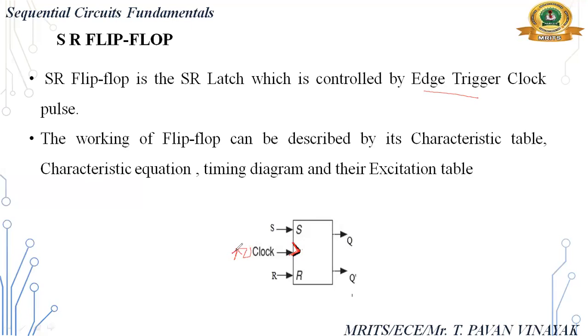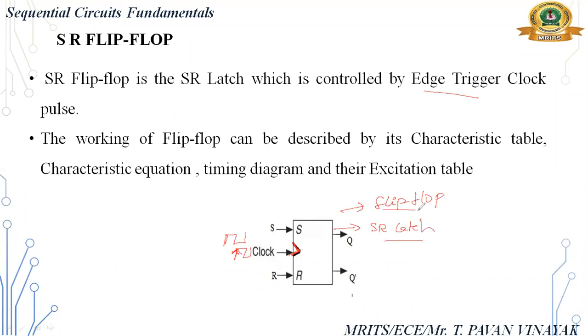Whenever the clock signal has an arrow mark in the block diagram, we can say the circuit is a flip flop. If there is no arrow mark and only the clock is shown, we can say this block diagram is an SR latch.